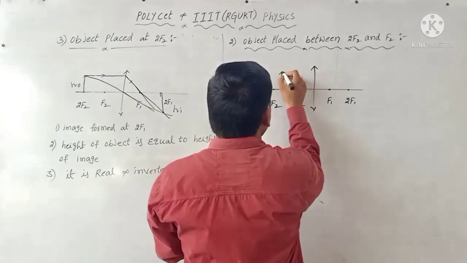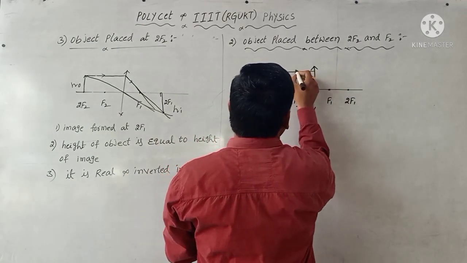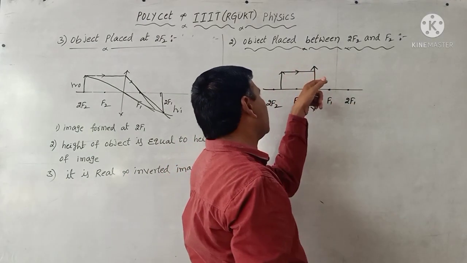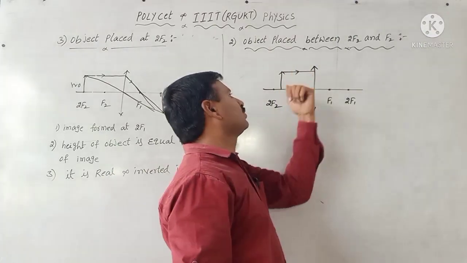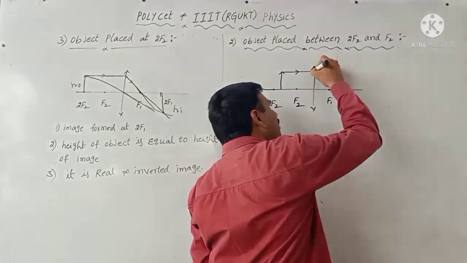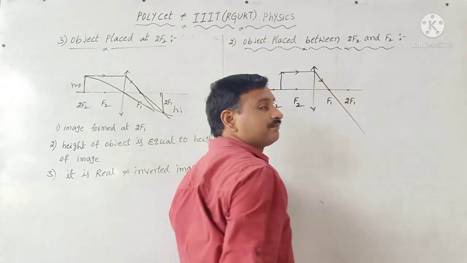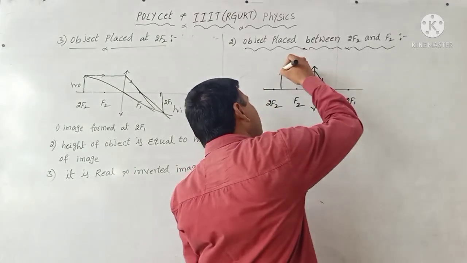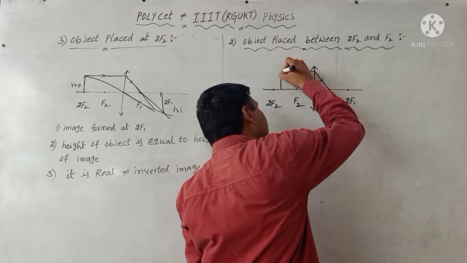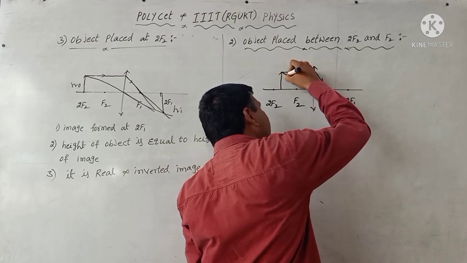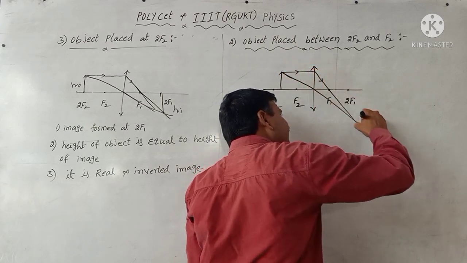So again we take the same rules. A ray passing parallel to the principal axis, after refraction, passes through the focus. Next, third, another undeviation case: a ray passing through the optic center.